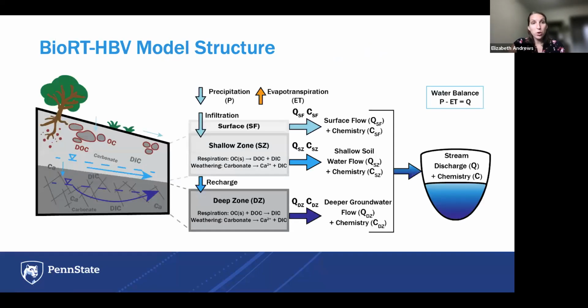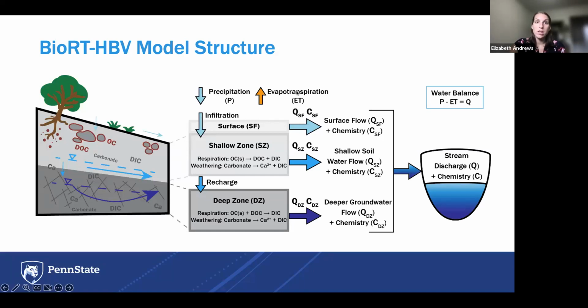So, quick overview of what the BioRT-HBV model structure looks like. This is a conceptual model on the left of a watershed or a hill slope that we're trying to represent. We have surface runoff, and then we have a shallow soil zone, and then we have a deep zone, and we have flow out of each of these different zones. So we can have surface flow.